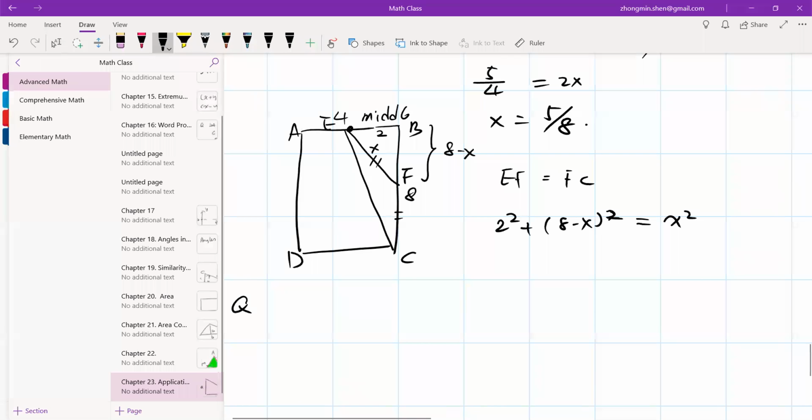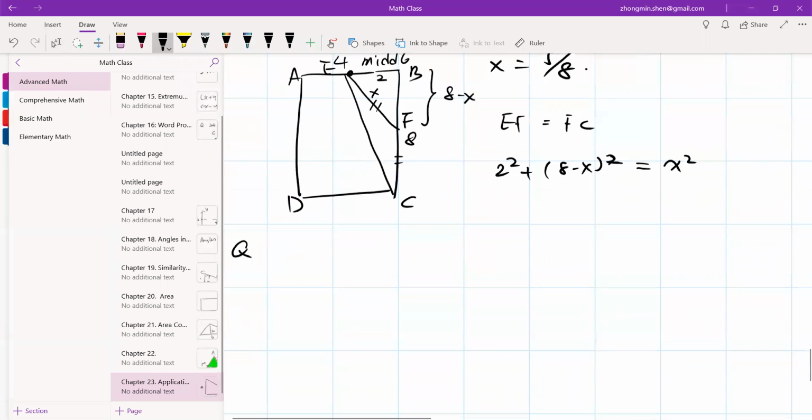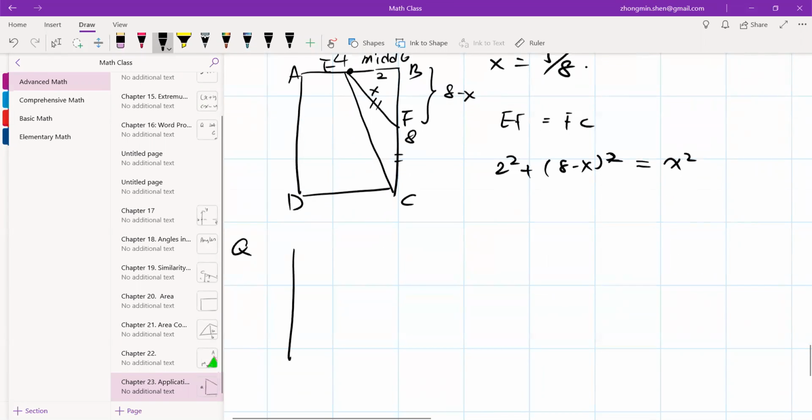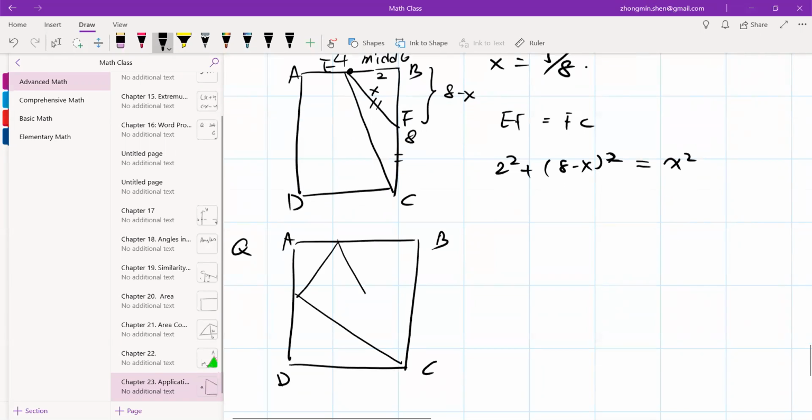Right, so my next problem is still a rectangle, A, B, C, D, and I have a triangle there, E, F, C. So what we have here is that we are given some information.